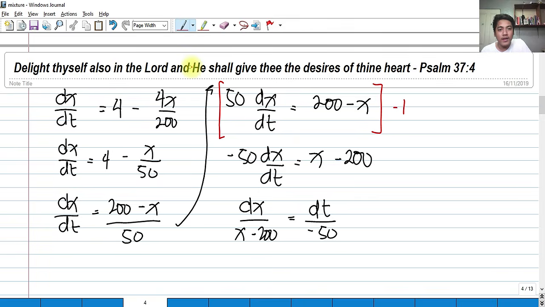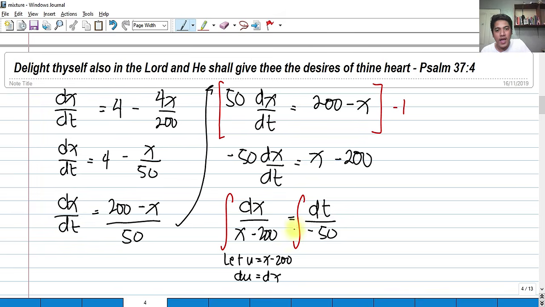So, integrating both sides, what will happen? In this, we have to let u equal x minus 200. Then we have du equal to simply dx.